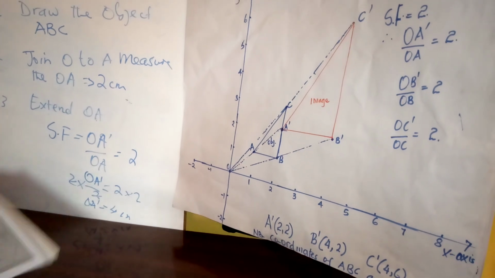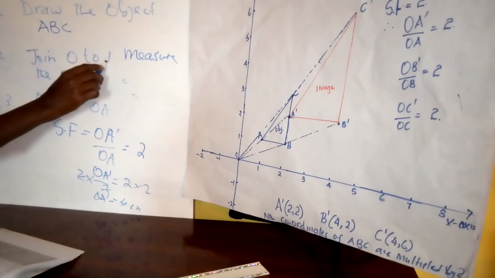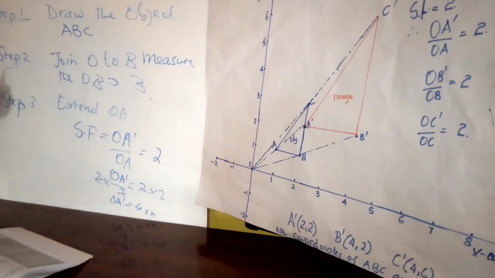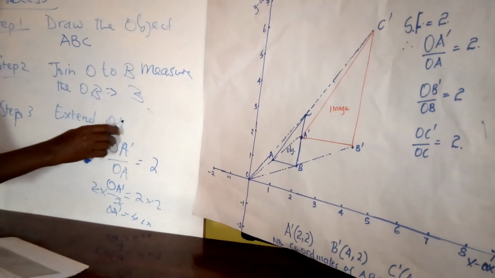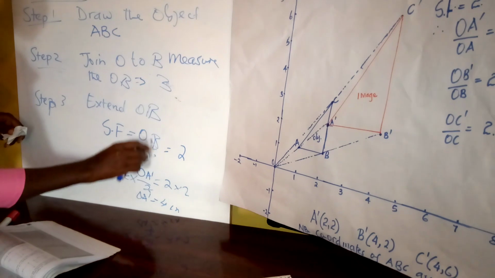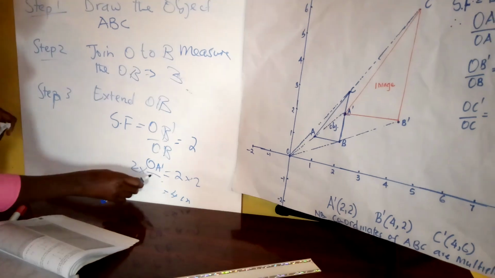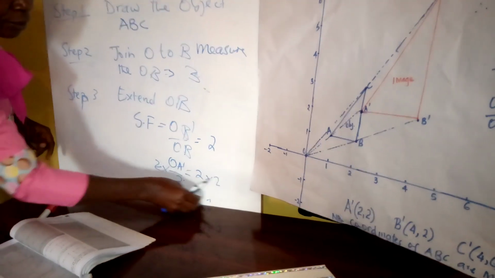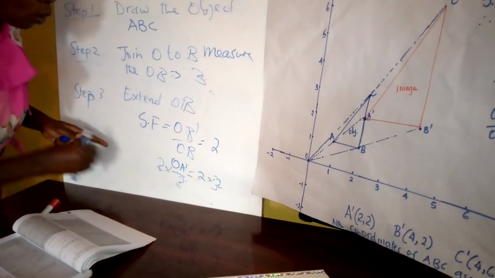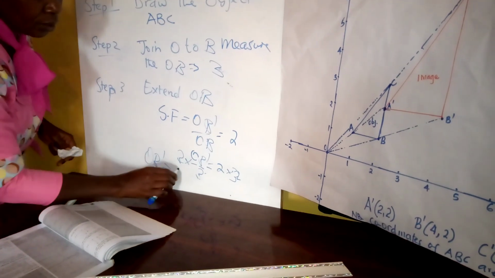So in case you had gotten, let's say, your OB as 3 centimeter, extend the line OB, and then OB prime over OB will be 2. So here OB is 3. So when you multiply 3 on both sides, you'll get your OB prime to be 6 centimeter.